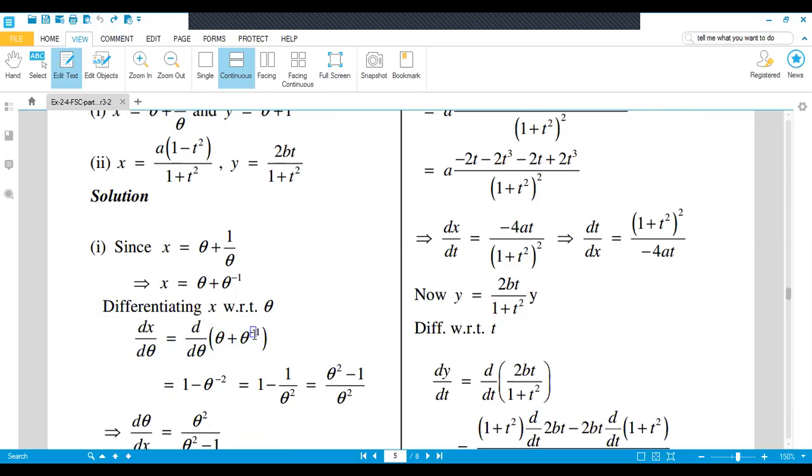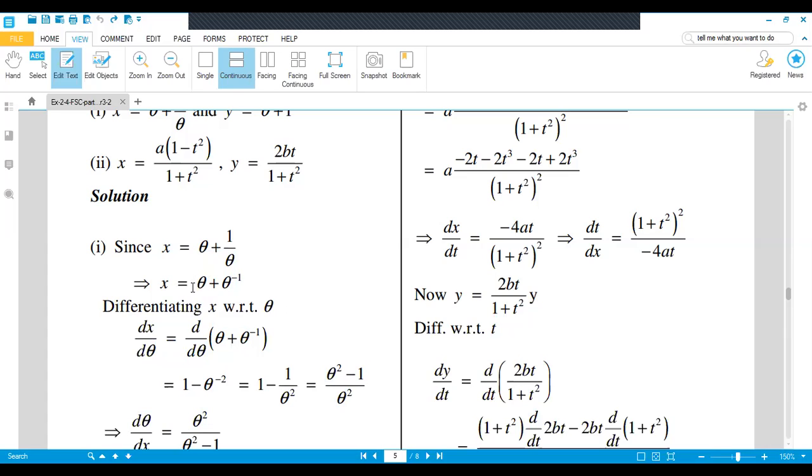On the second term, power is minus 1, it will come as the coefficient, and from the power we subtract 1, so minus 1 and minus 1 gives minus 2. To make it positive, we write 1 minus 1 over theta square. Take the LCM theta square, and here theta square minus 1. So we differentiate the first equation with respect to theta, that is dx by d theta.